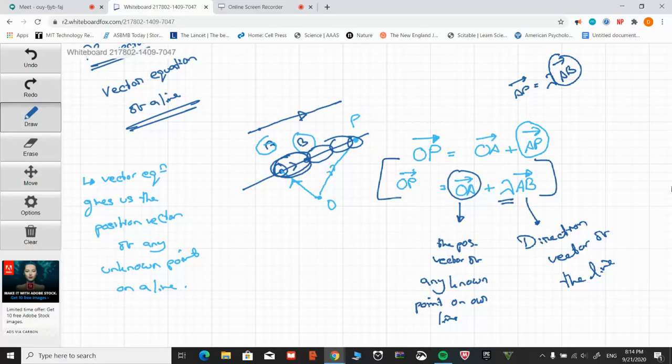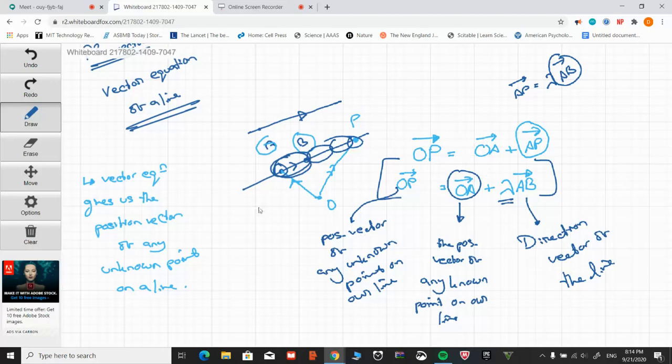And what about OP? OP is the position vector of any unknown point on our line, which is what our vector equation is supposed to give. So ultimately, what do we have?